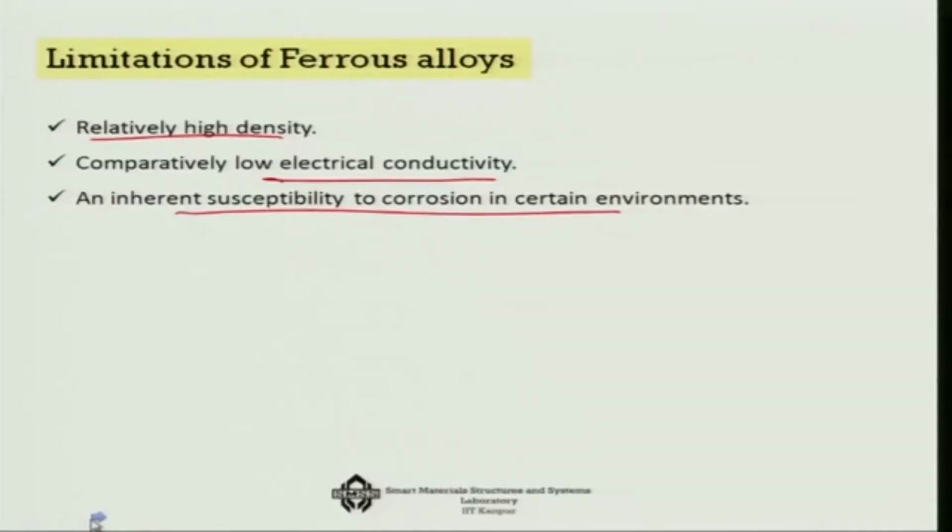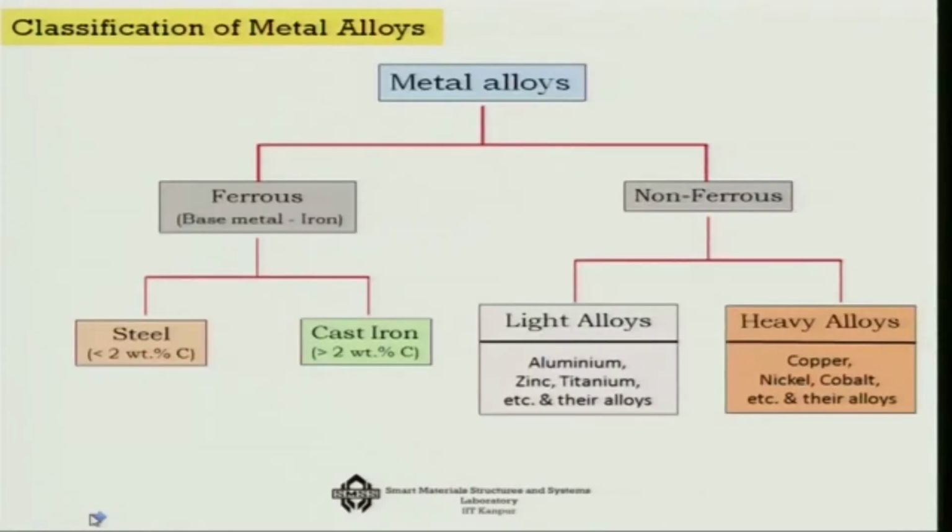Now, for the classification of metallic alloys, there is a branch of ferrous alloys with the base metal as iron, then you have steel, cast irons, etc., which I covered in the last lecture.